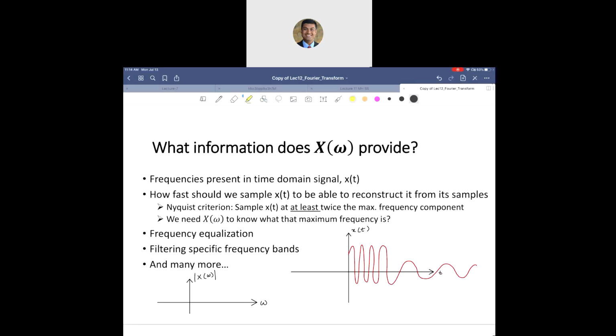This guy over here, yellow, that means that I have a larger amplitude at higher frequency. So that means that something like this. Higher frequencies, larger amplitude. Lower frequencies, lower amplitude.